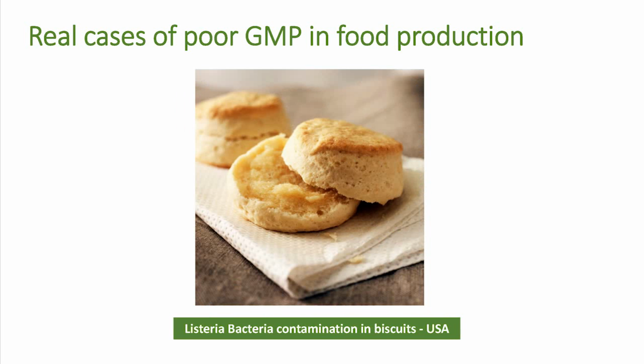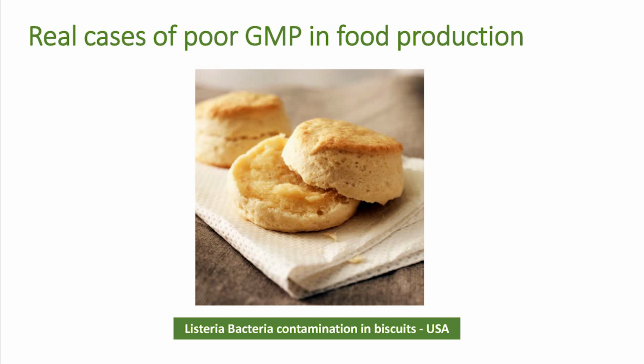Second example, these are biscuits, which I just found this in the US. In USA, there is a bacteria called Listeria. It's a very naughty bacteria. It's very bad, especially for pregnant women. This Listeria bacteria can lead to miscarriage on pregnant women. It's very, very strong.